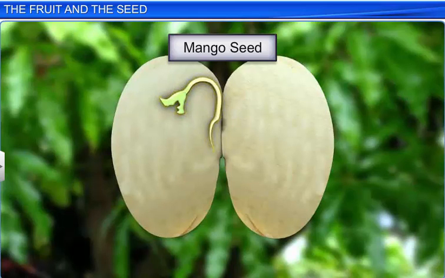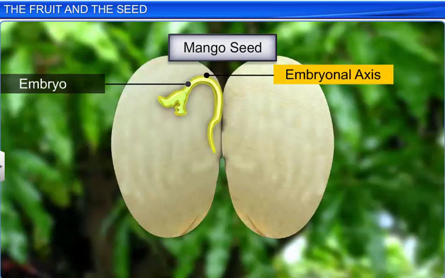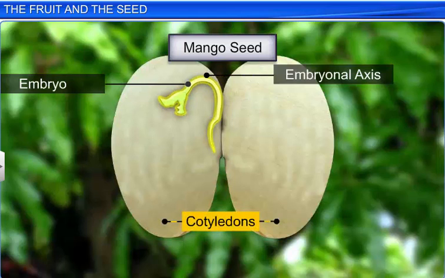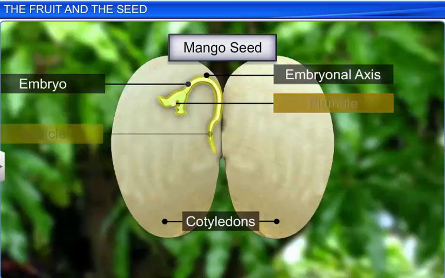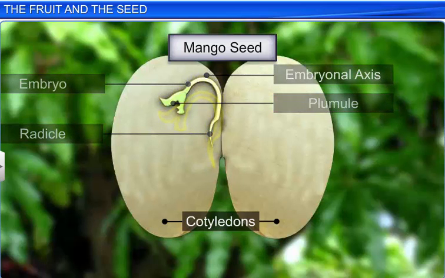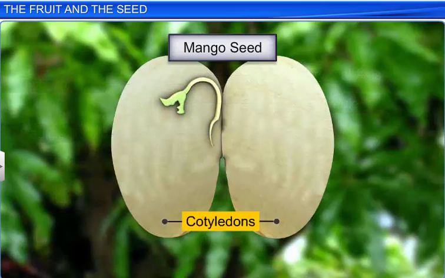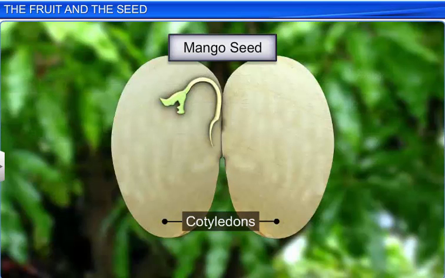Inside the seed coat lies the embryo, which comprises an embryonal axis and two cotyledons. At the two ends of the embryonal axis lie the plumule and the radicle. The cotyledons are often fleshy and store reserve food materials.